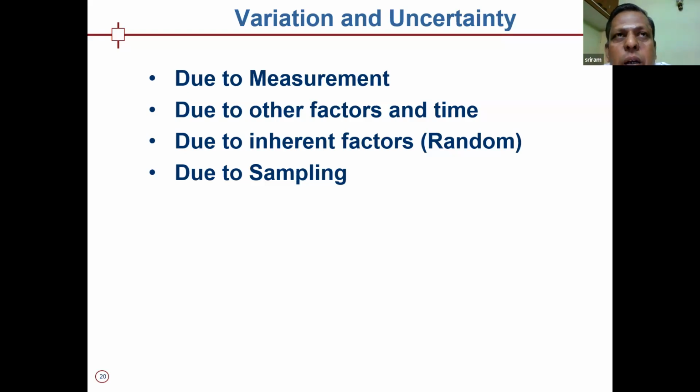How will you ensure that? If I ask the question, you have to answer. So that is why it's very important. You have to quantify the variation due to measurement, or in other words, the uncertainty created due to measurement. That is quantified by reliability and validity.